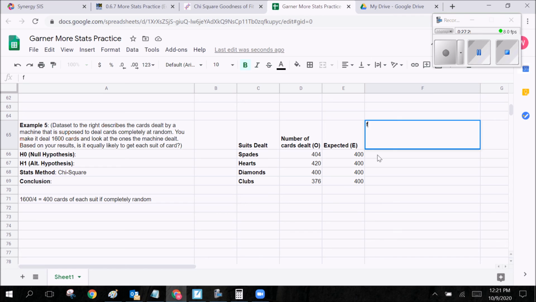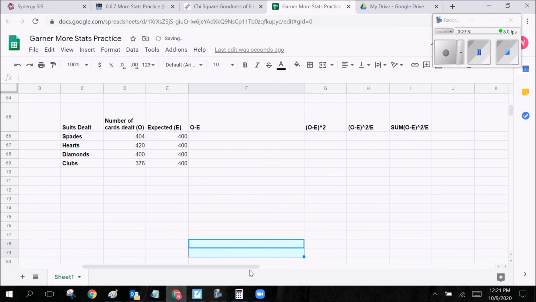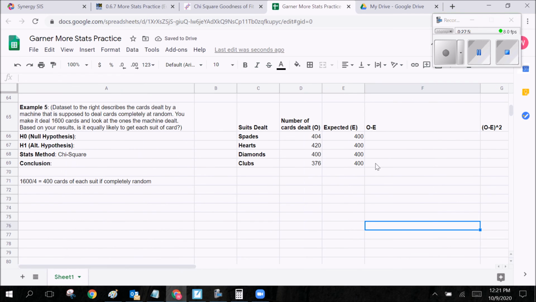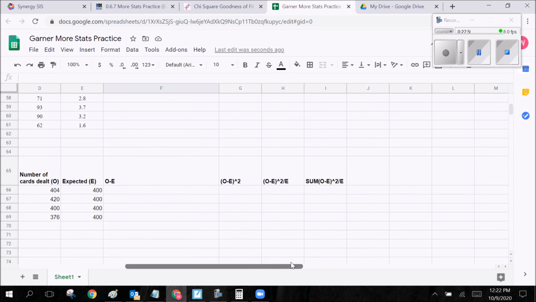Now we go ahead and do our normal calculations. So we say O minus E, O minus E squared, O minus E squared divided by E, and the sum of O minus E squared divided by E. I'm not going to do it for you guys because I already did that one up here, and you should be able to do those calculations at this point.